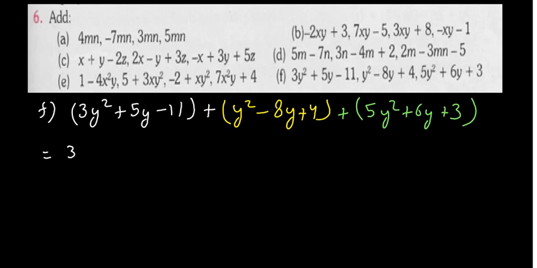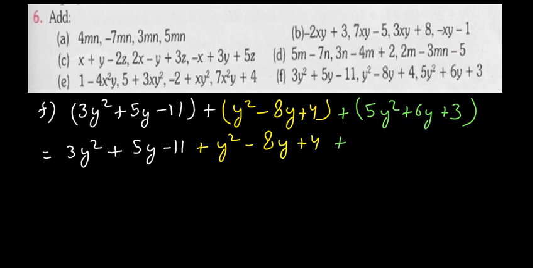So you have 3y square plus 5y minus 11. Then, because there is a positive sign outside the bracket, it will retain the sign inside the brackets, plus y square minus 8y plus 4, and lastly plus 5y square plus 6y plus 3.